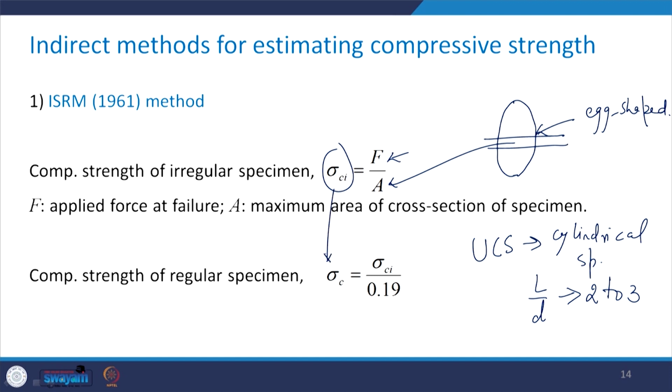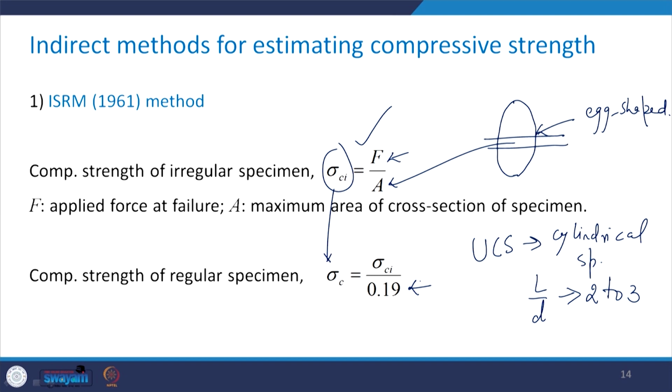Whatever you get from this step, divided by 0.19, is going to give you the regular specimen's compressive strength. So this is the method that was given by ISRM in 1961.